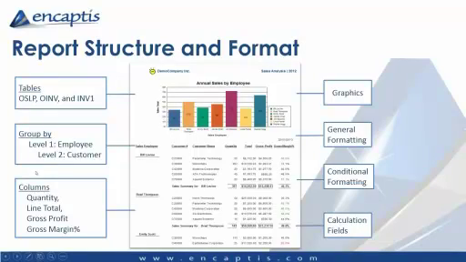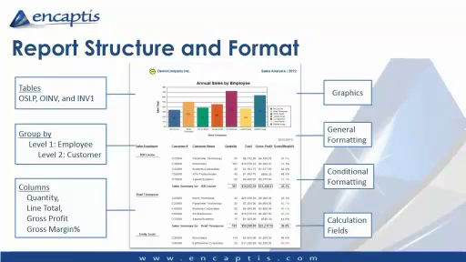The data is grouped by 2 levels, and the first level is grouped by employees, and then under each employee, the second level, the data will be grouped by the customers. These are the customers that this employee made deals with across the year.